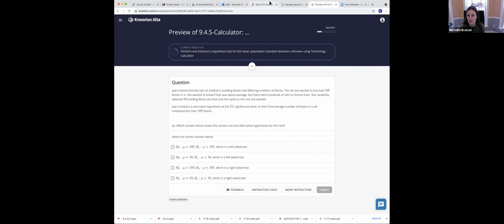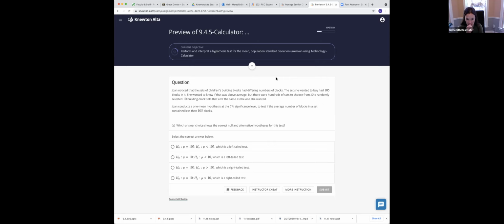Okay, and then I will show you the other ones, what they look like. So let's do this one together as a class. Joan notices that the set of children's building blocks had different numbers of blocks. The set she wanted to buy had 105 blocks in it. She wanted to know if that was above average, but there were hundreds of sets to choose from. She randomly selected 10 building block sets that cost the same as the one she wanted.